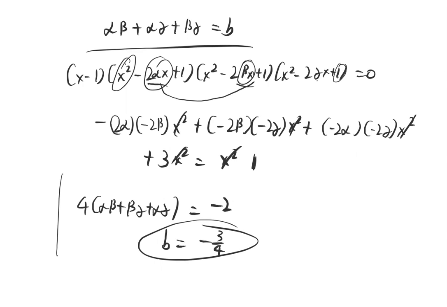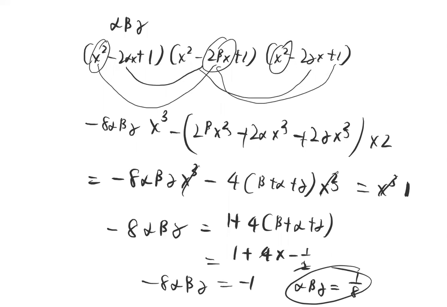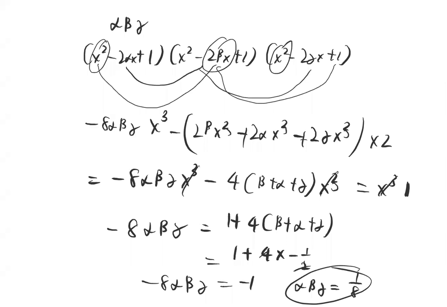And this is a half, negative a half. And for this one, it's 1 over 8. I basically also assume that the right hand side is 0, and in fact it's 1. So all of you guys have to be really careful.